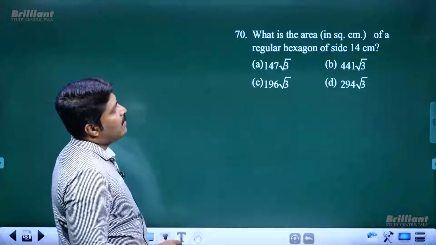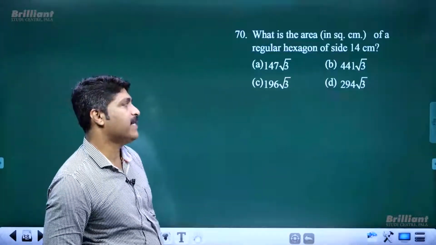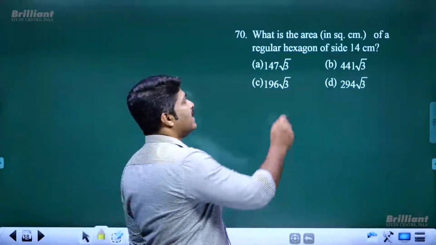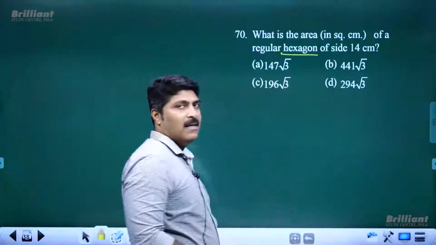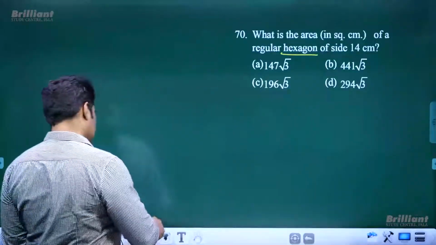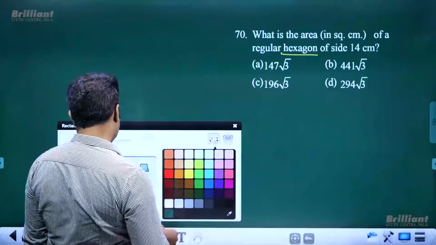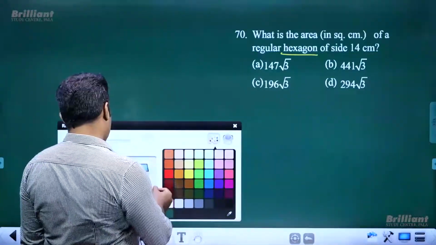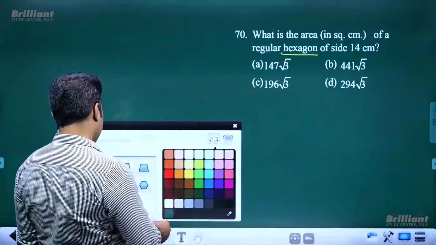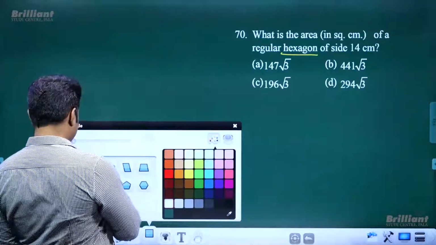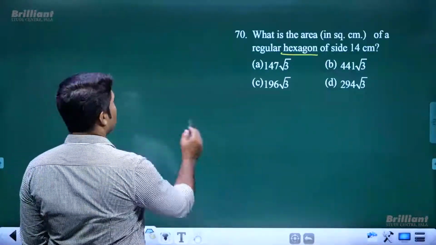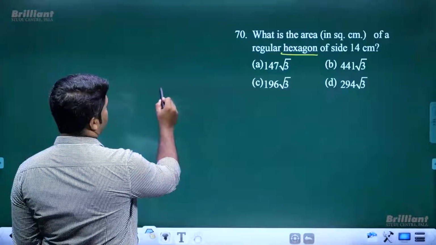What is the area of a regular hexagon of side 14 centimeter? What is a hexagon? That you have to understand. A regular hexagon, how will it be? If we are considering a regular hexagon, we have to draw it.